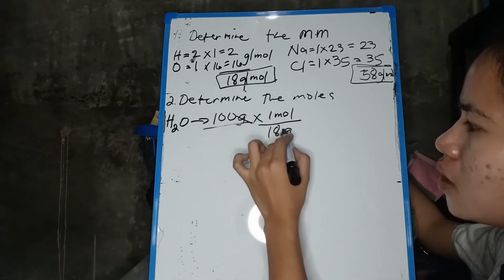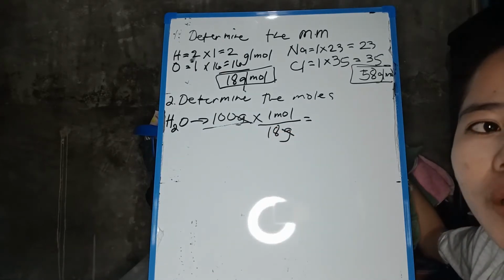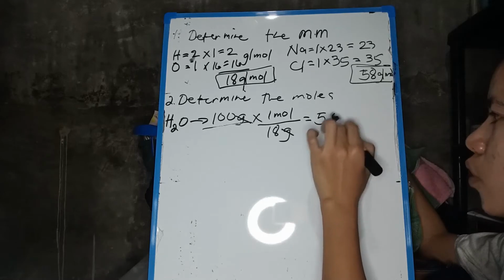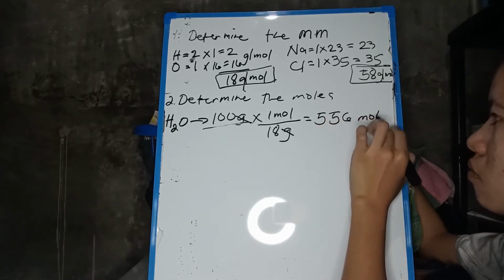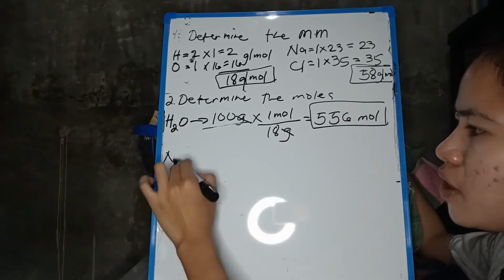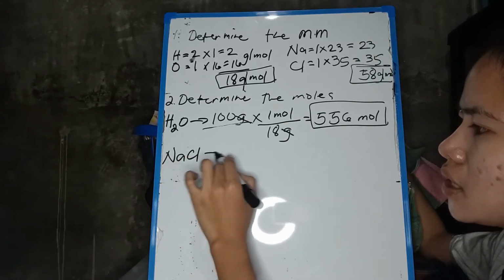So, cancel out ang grams para mabilin ang mole. So, 100 divided to 18 is equivalent to 5.56 mole. So, naa na tayo mole for our water and also for our NaCl.